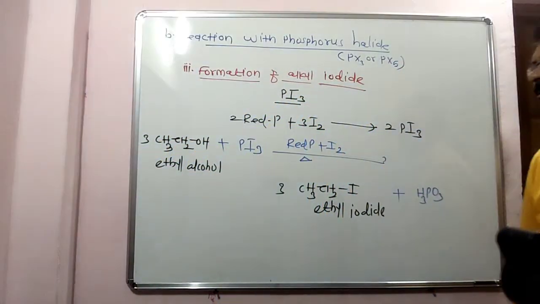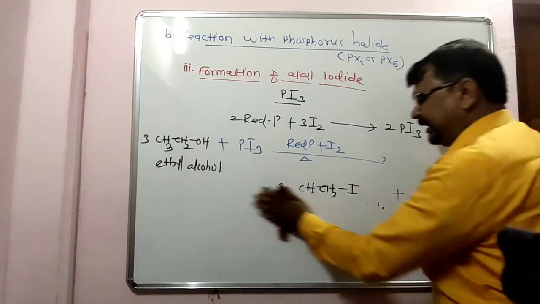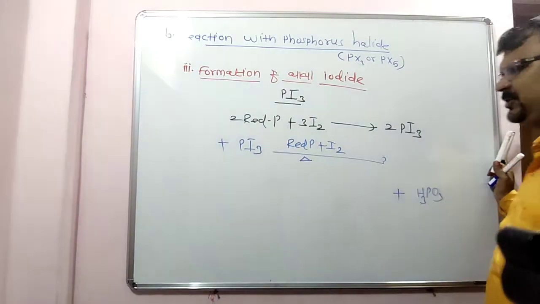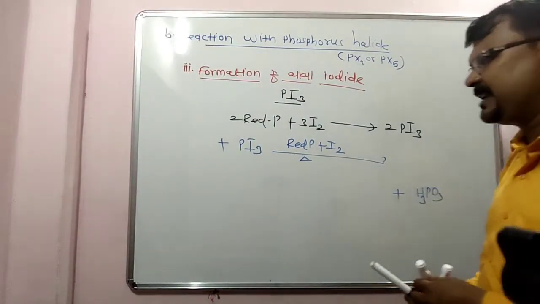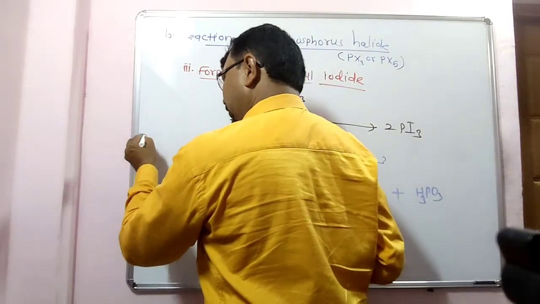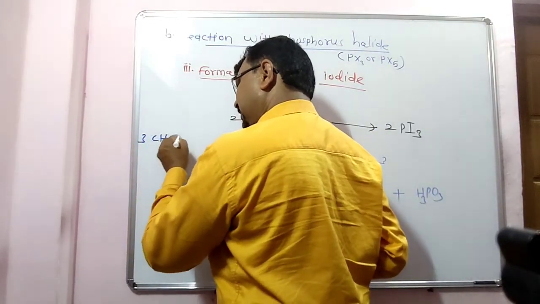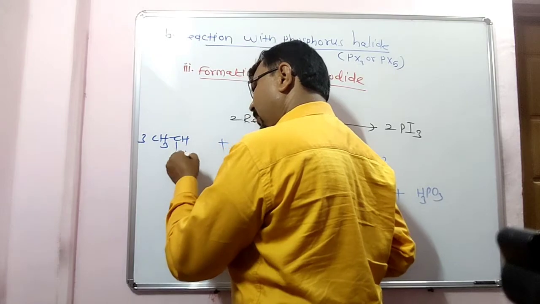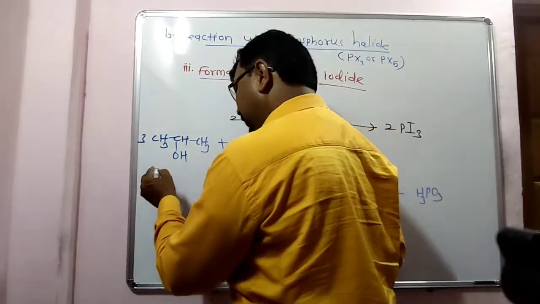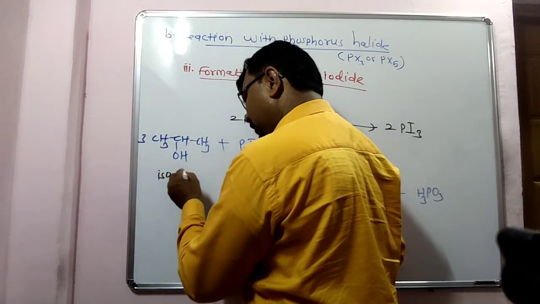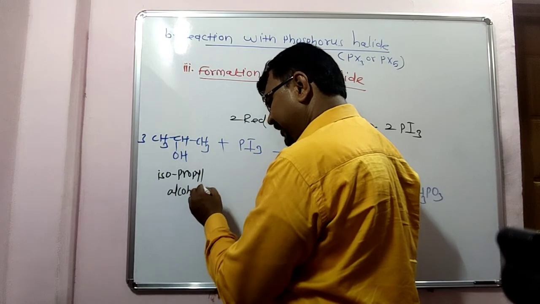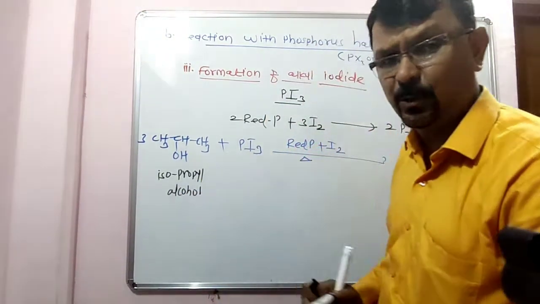Correct? Yes. Look here, next question: what is the action of phosphorus triiodide on isopropyl alcohol? Thrice CH3, CH, OH, CH3. Name of the compound: isopropyl alcohol. Reaction with phosphorus triiodide.